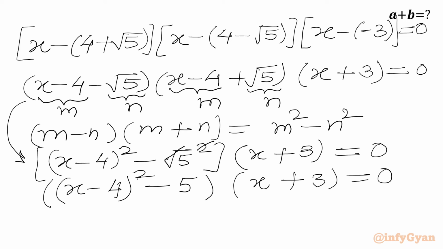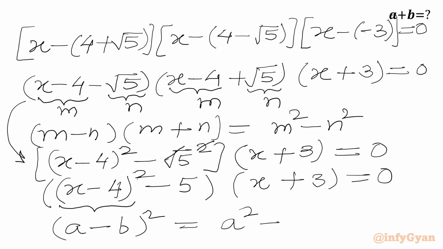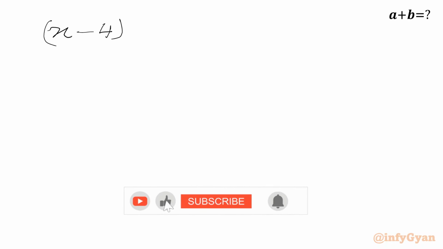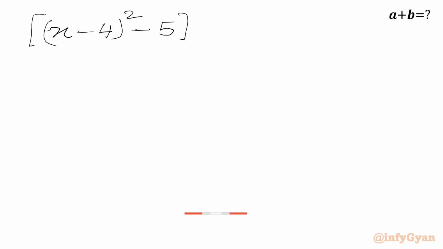Now we are going to use the a minus b whole square identity, which I will write here. a minus b whole square is equal to a square minus 2ab plus b square. Let's apply it. I will write x minus 4 whole square minus 5 times x plus 3 equal to 0.